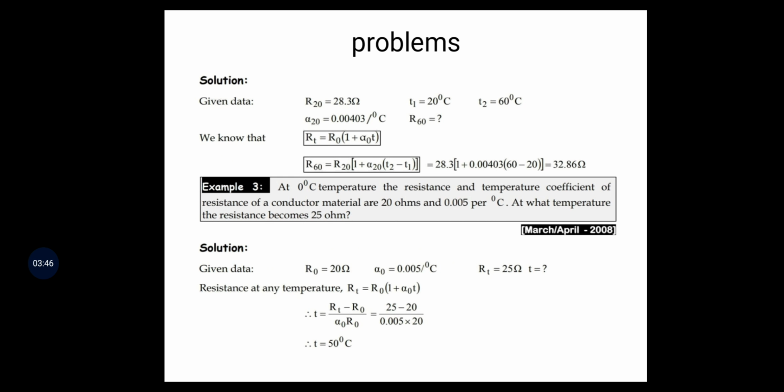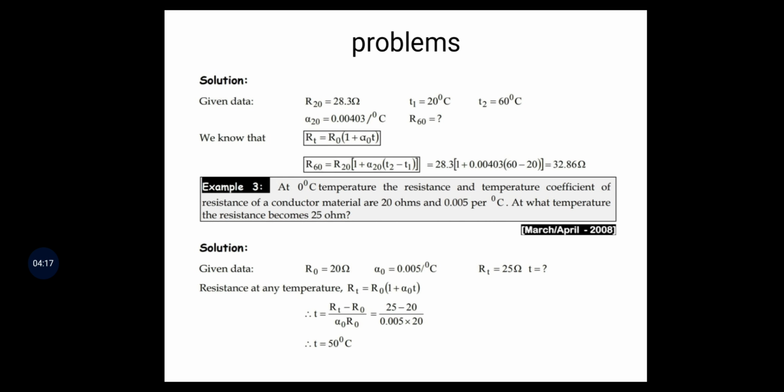So here they gave the R value at 20 degree centigrade, that means R20 equal to 28.3 ohms. Here temperature T1 equal to 20 degree centigrade, and temperature T2 equal to 60 degree centigrade. We find the resistance at 60 degree centigrade.